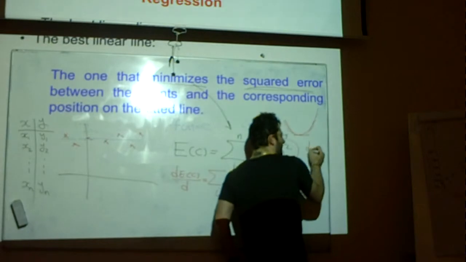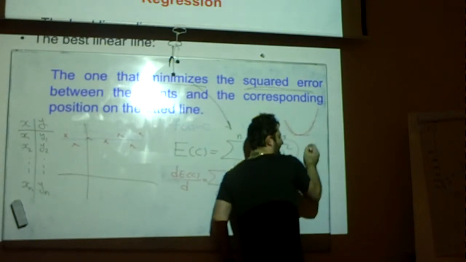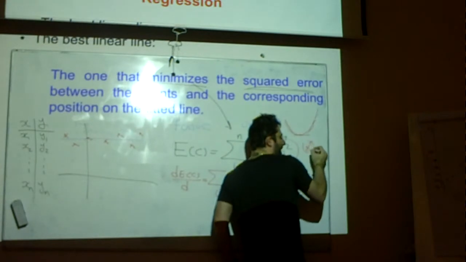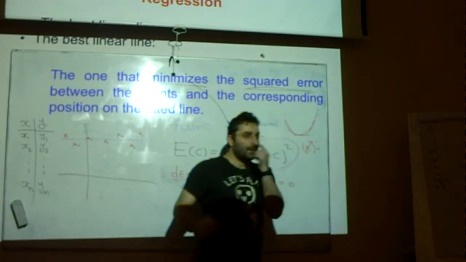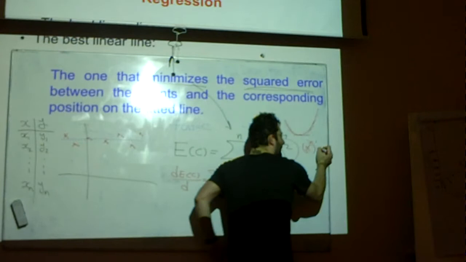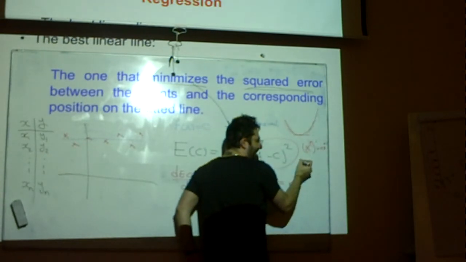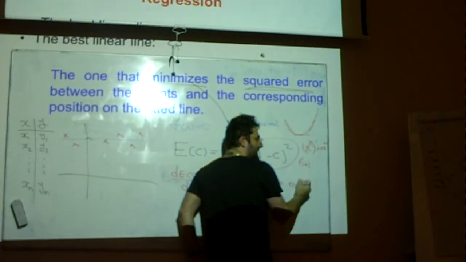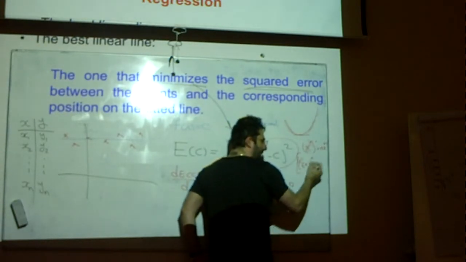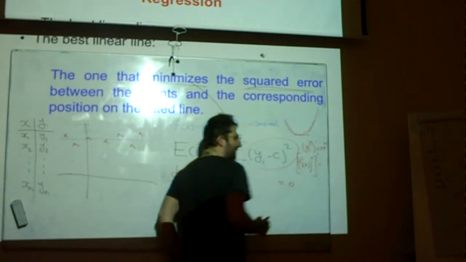What was the derivative of x squared or x to power n? n x to power n minus 1. Let's make it a little bit more complicated. f(x) to power n prime. What is the derivative of this one?